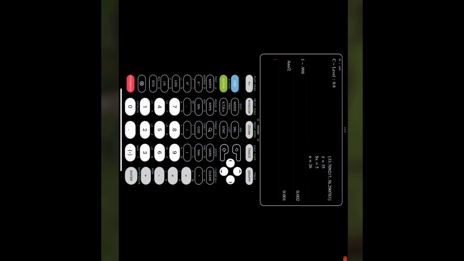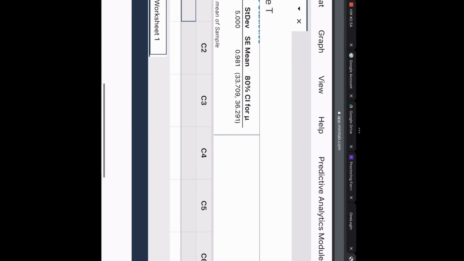There we go. All right, so we went 0.001, 0.001. So if I want to get to the positive one, I could put in 0.999 as my confidence interval. I can do that on Minitab or on my calculator.